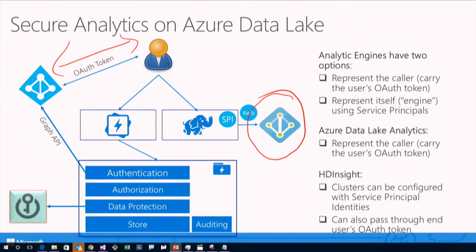In the current time frame, it's actually representing itself as a service principal identity to access the data lake store. So when you create the cluster, you can associate a service principal identity to the underlying store, and that's the identity that gets used every time you hit the store underneath.